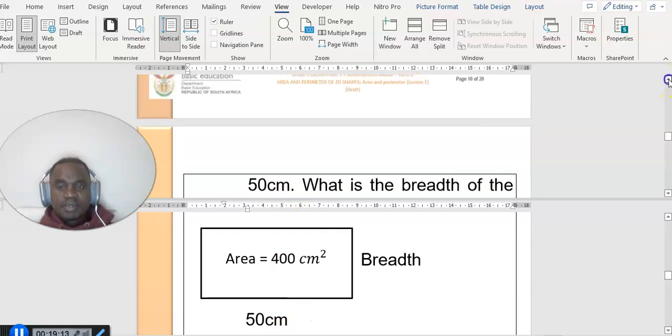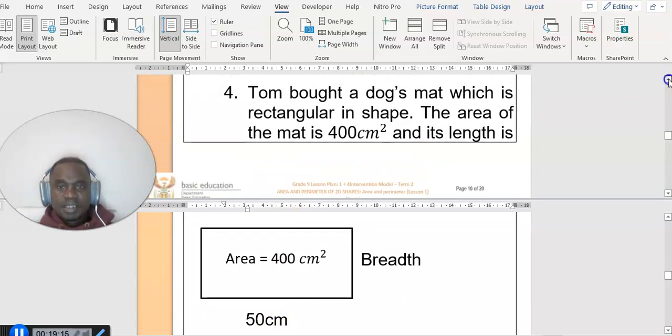Let's check the question. The question is saying that Tom bought a mat which is rectangular in shape. This is a rectangle. The area of the mat is 400 centimeters square. Area always has square.